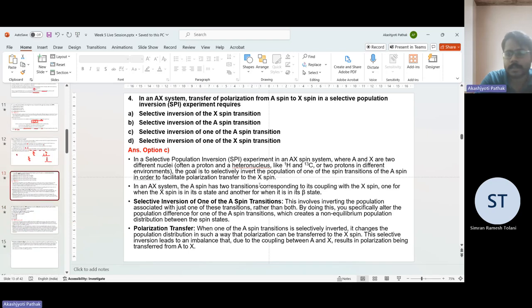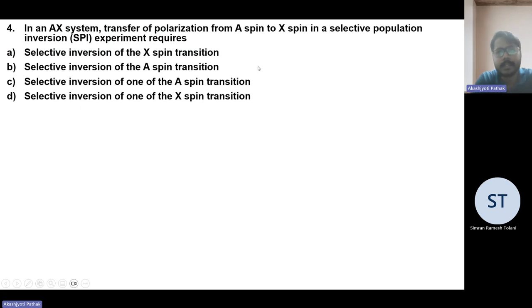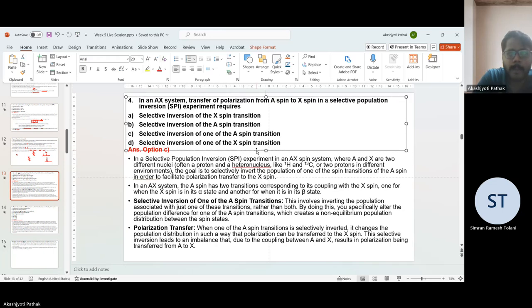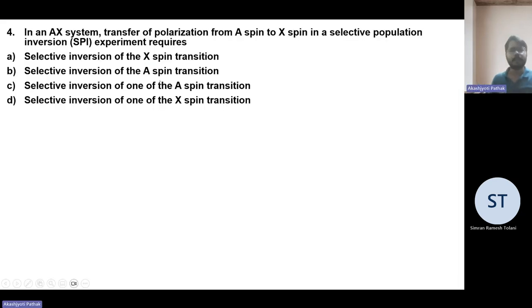The question is: in an AX system, transfer of polarization from A spin to X spin in a selective population inversion experiment requires. So these are 4 options.